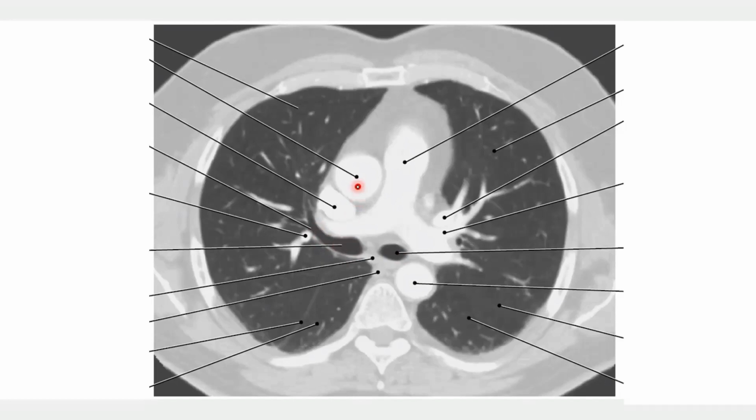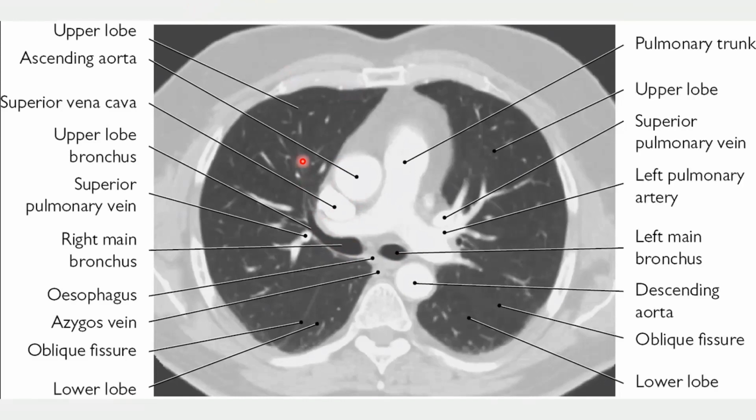So here, look at the other structures. Okay, so we have the trachea here. Behind it, we have the esophagus, which you already know about. Then here you have the pulmonary trunk and the pulmonary arteries.